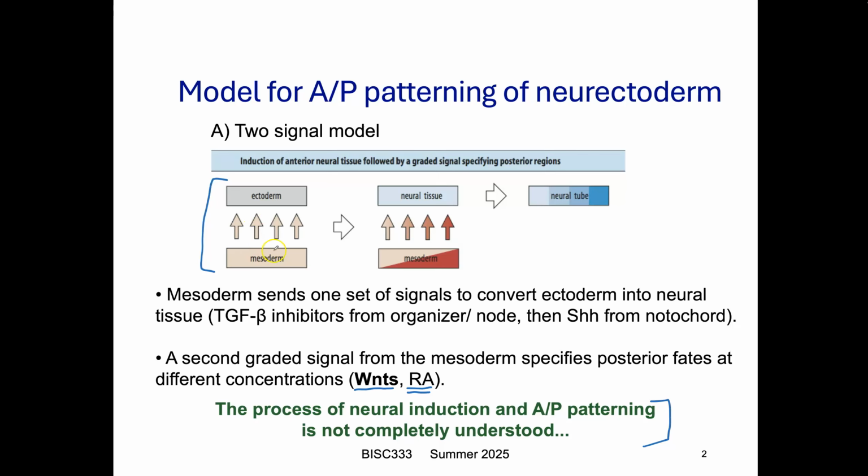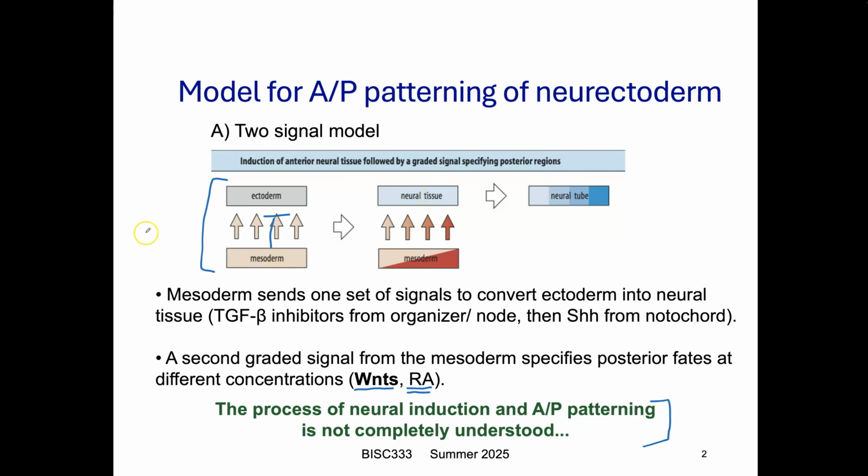This is TGF beta inhibitors, mostly BMP inhibitors, and these prevent BMP signaling, which is required to repress neural tissue formation.